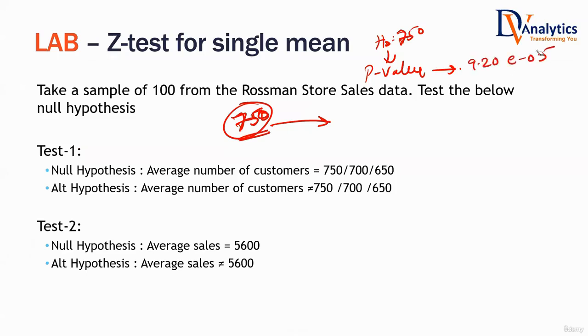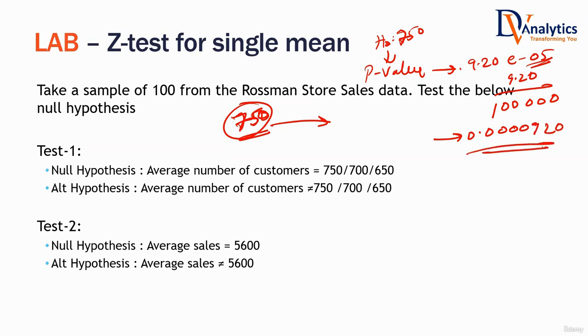Whenever you see this number, it means 9.20 divided by 1 followed by how many zeros? Since it is e minus 05, it will be 1 followed by 5 zeros. So the p value is 0.0000920.